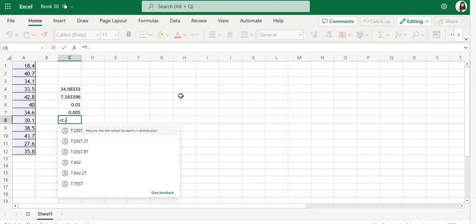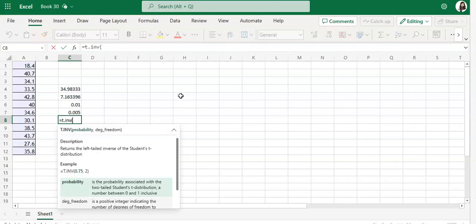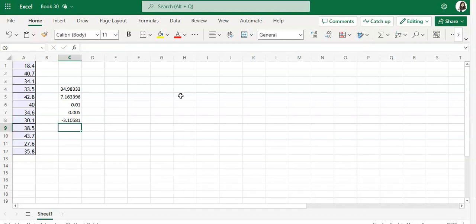So we need T.INV, and we're going to plug in our probability, 0.005, and our degrees of freedom were 11. And there's our value. We don't care whether it's positive or negative. We're going to use that. I'm going to write these down so that we can do these on the page with homework.